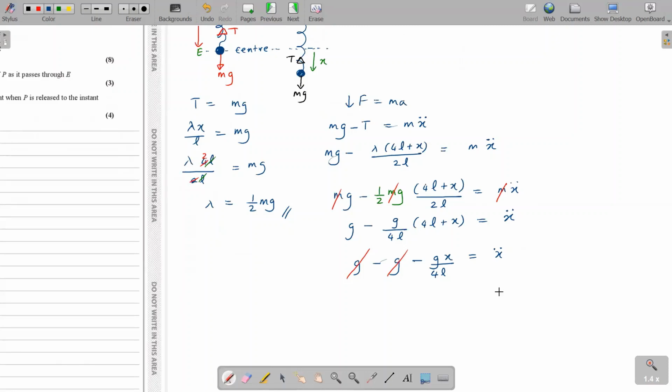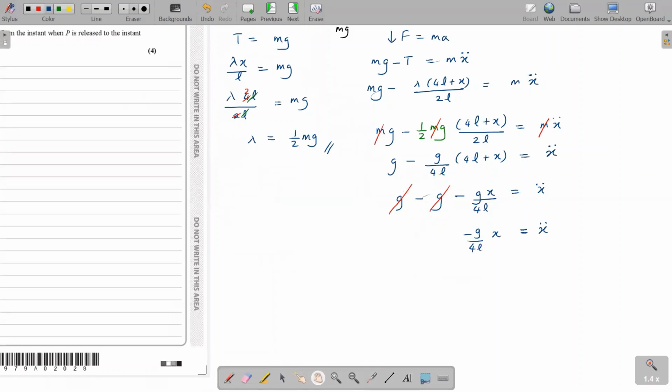So I get the equation x double dot equals minus g over 4L times x. This is x double dot equals minus omega squared x.